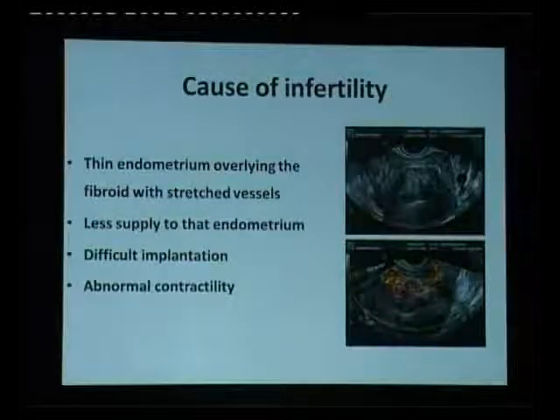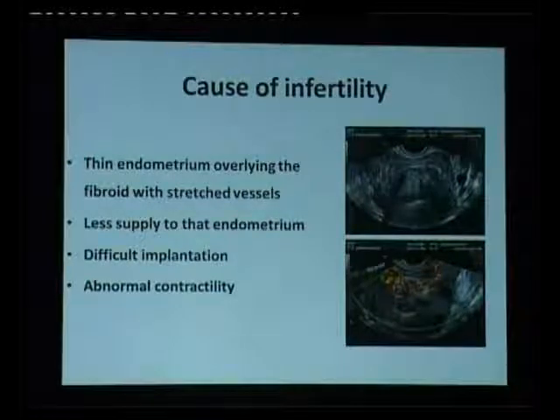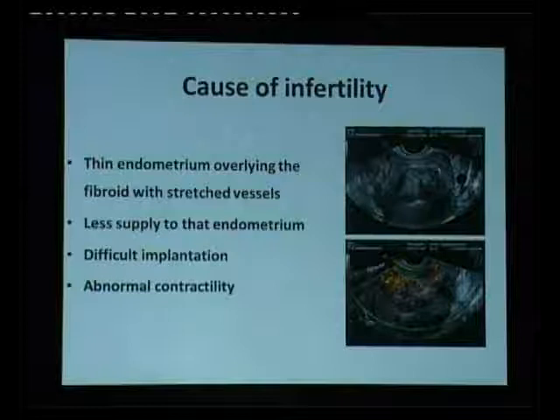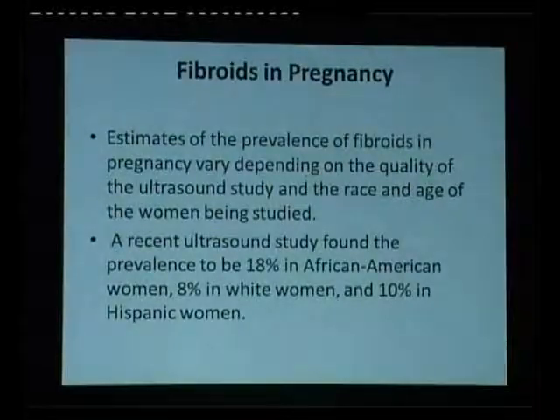A thin endometrium overlying the fibroid, with stretched vessels, means the subendometrial blood flow actually gets compromised. There's less supply to the endometrium, there's difficult implantation, and there's abnormal contractility. As Sonal had very beautifully shown in these videos, the contractility of the myometrium is also very important as far as implantation is concerned.